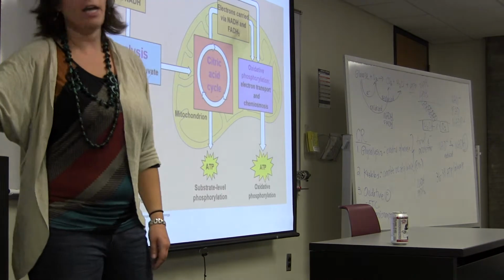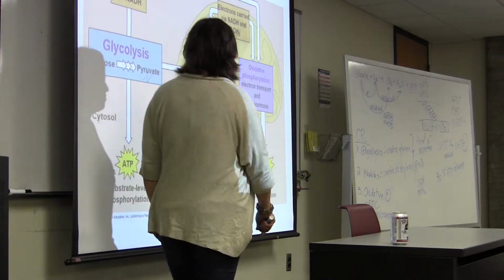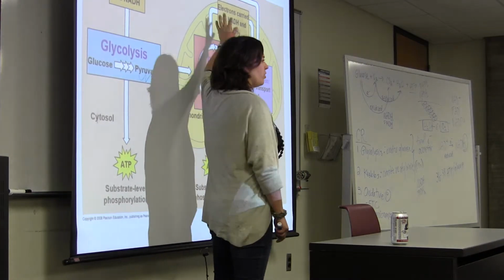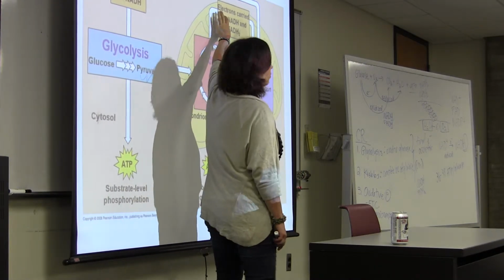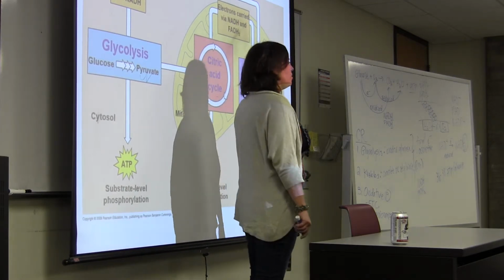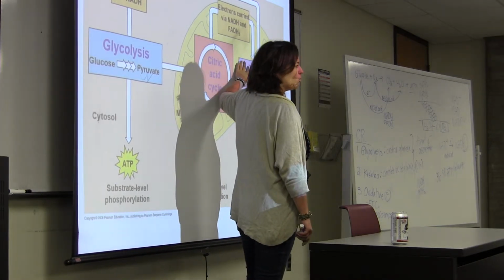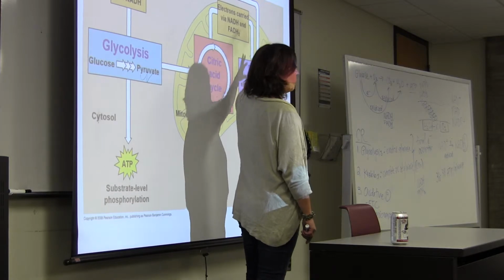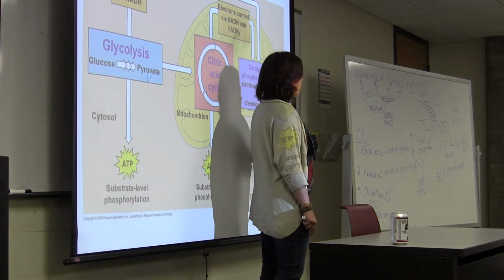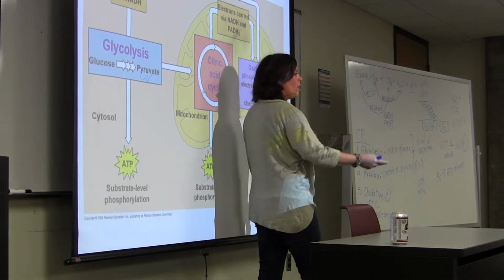And then finally, after the Krebs cycle, all of these electron carriers that we created in glycolysis and the Krebs cycle are going to go to the mitochondrial membrane at that electron transport chain. And so they're going to drop off their electrons. Those electrons are going to move down the chain and they're going to form water.